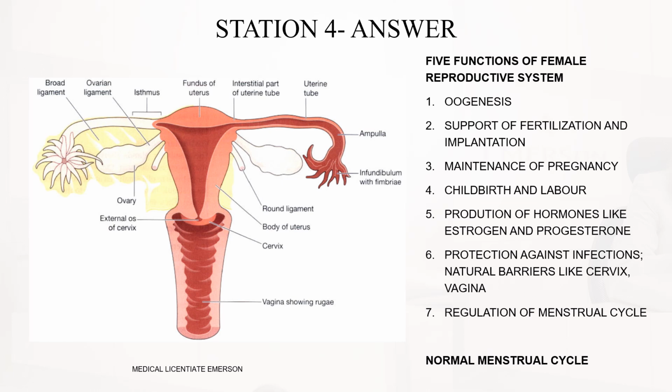Then the embryo will start producing HCG, which is the human chorionic gonadotrophin. It will maintain the corpus luteum for up to 4 months, because by then we expect the placenta to be releasing adequate progesterone. After that, the corpus luteum will start degrading, since it's no longer needed. So those are some things which happen if someone is pregnant in the luteal phase.